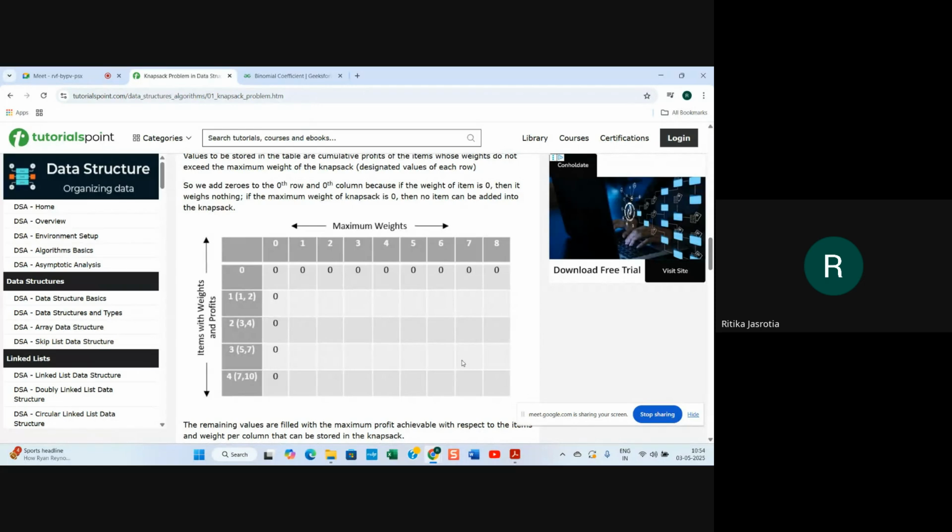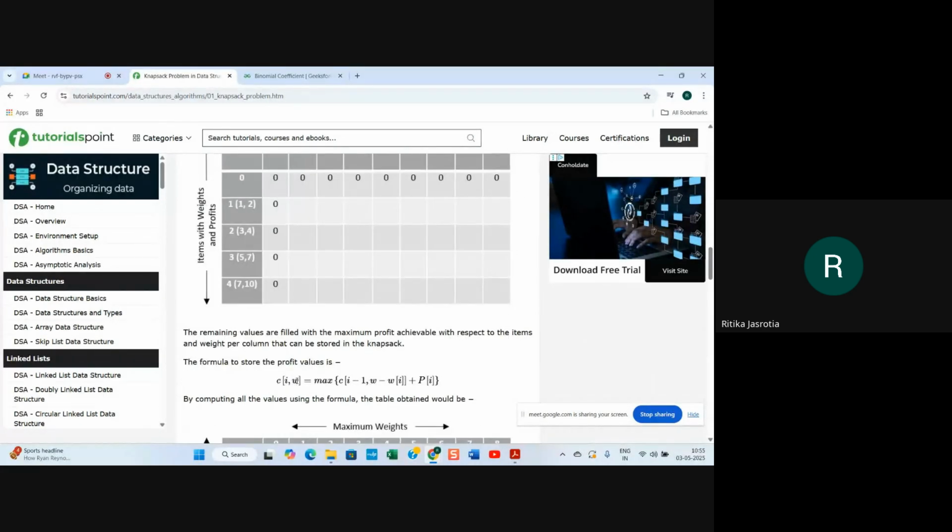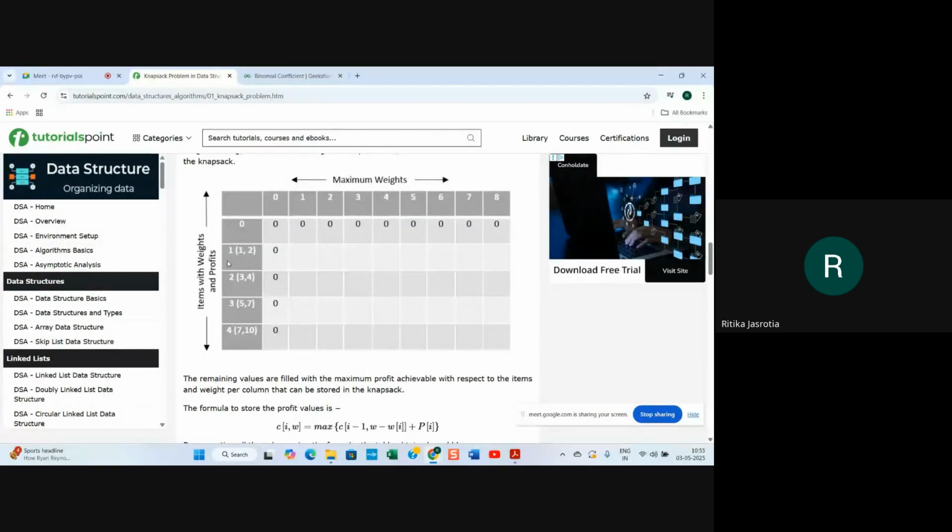So C[i][w], like here they are saying 1, 2. i is 1, weight is 2. So if we calculate C11, that means the weight, and this one.